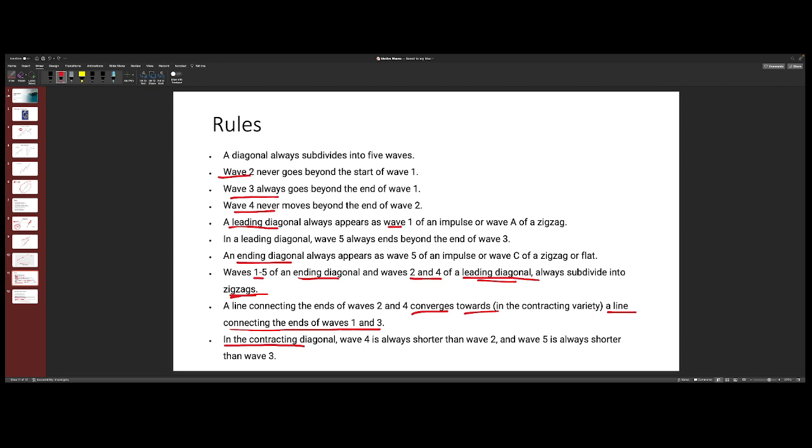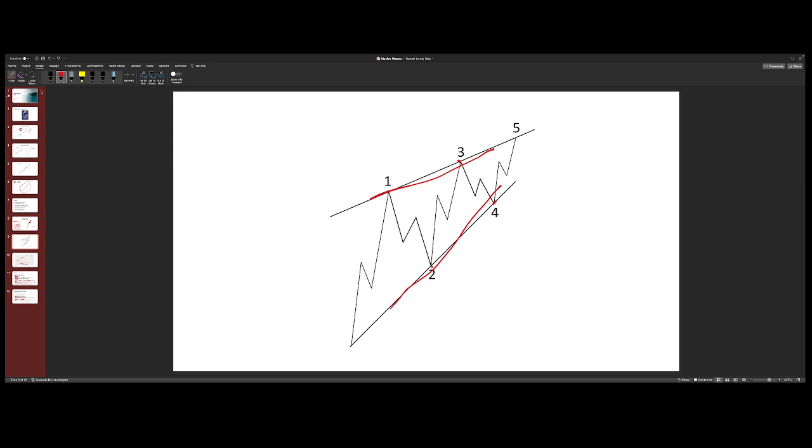In a contracting diagonal, wave 4 is always shorter than wave 2, and wave 5 is always shorter than wave 3. Wave 4 is always shorter than wave 2.